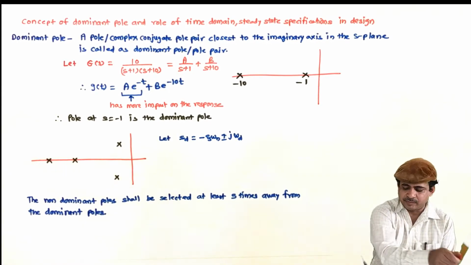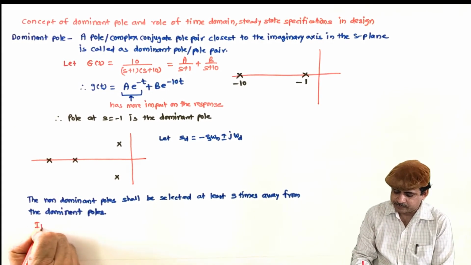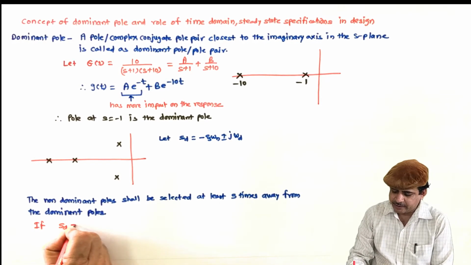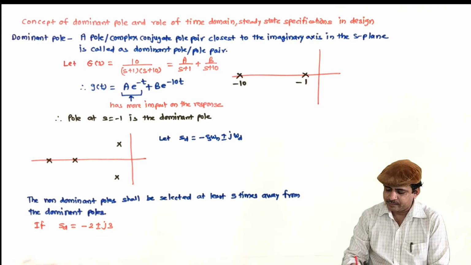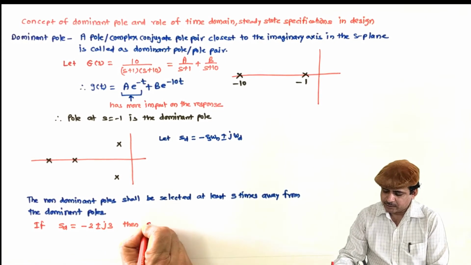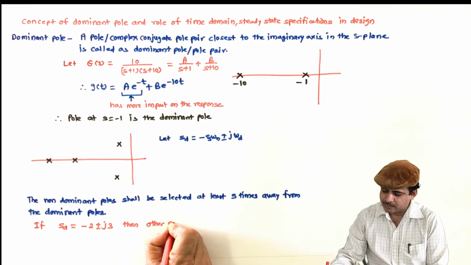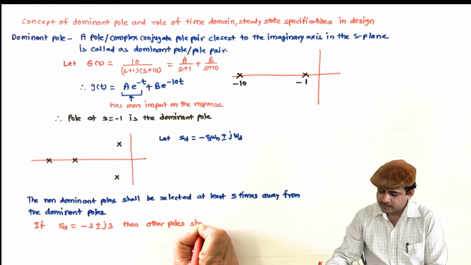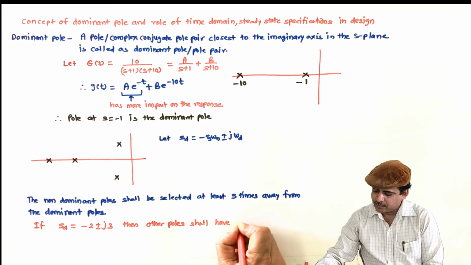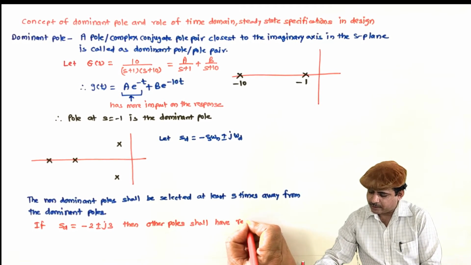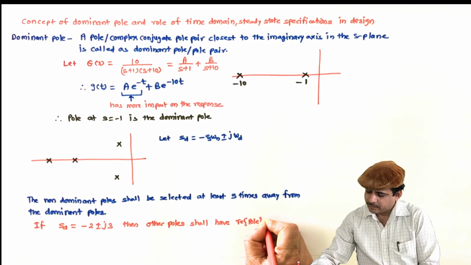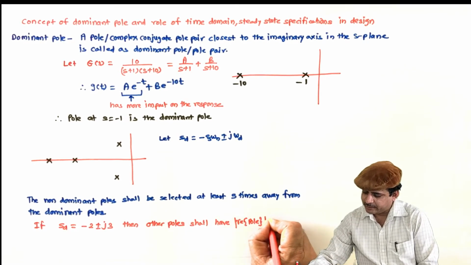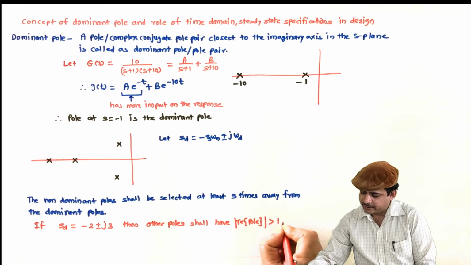That means if, say for example, SD is equal to -2 plus or minus J3, then other poles shall have real part of pole with magnitude greater than 10.